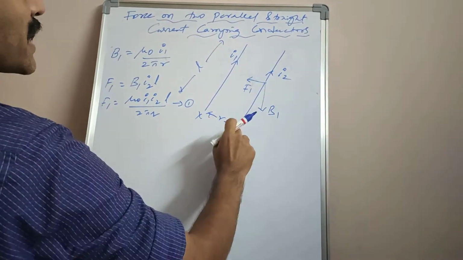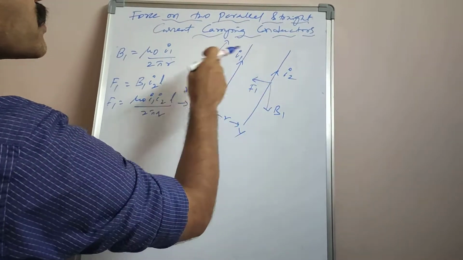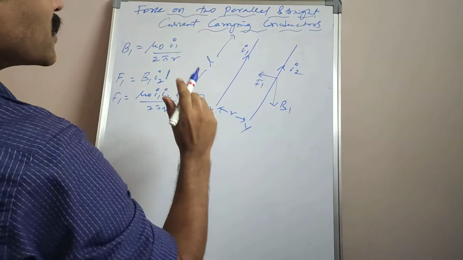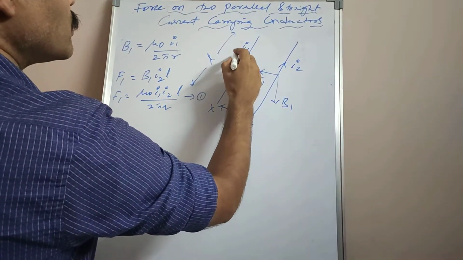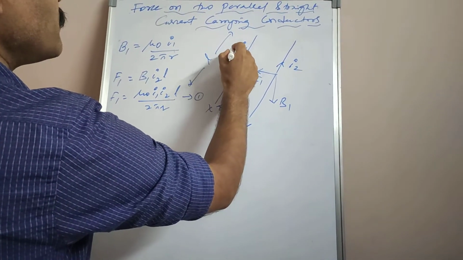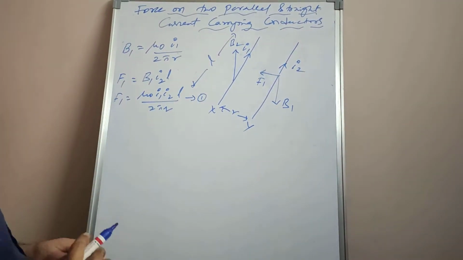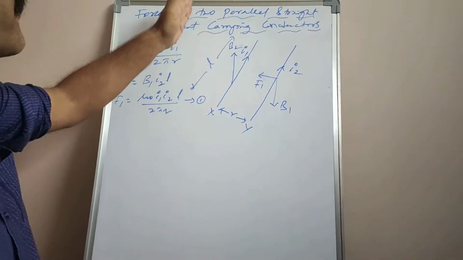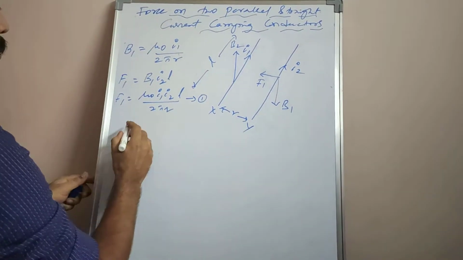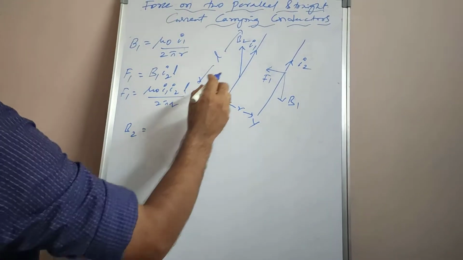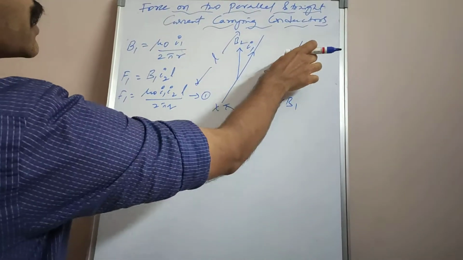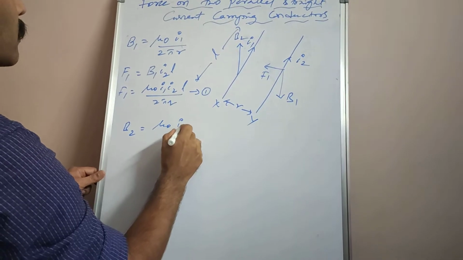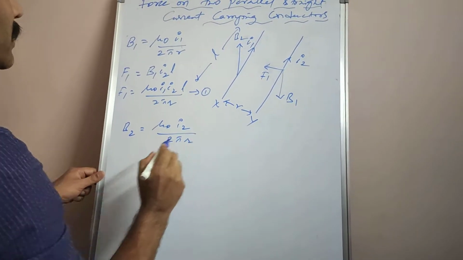Similarly, when the second conductor carries current I2 it will produce a magnetic field in its region, and when you place the first conductor in that region, it will experience a magnetic field B2 that is acting out of the plane. When B1 is acting into the plane, the second field will act out of the plane. The magnetic field produced due to current in the second conductor Y is given by B2 equal to mu naught I2 by 2 pi r.